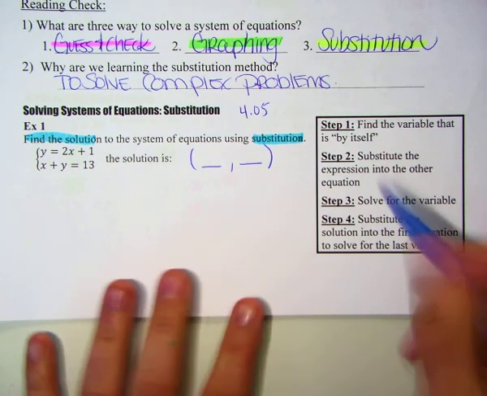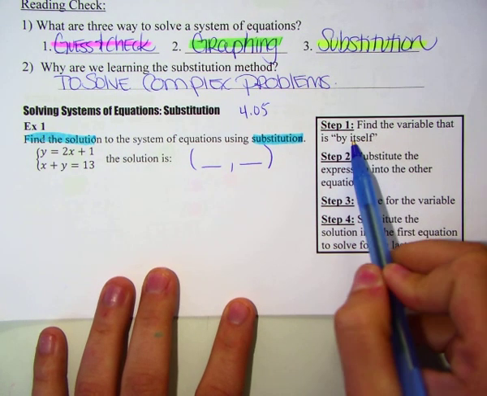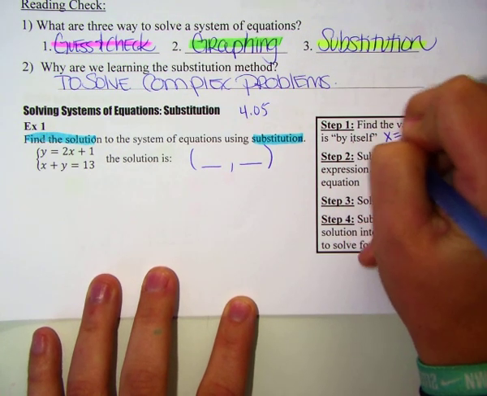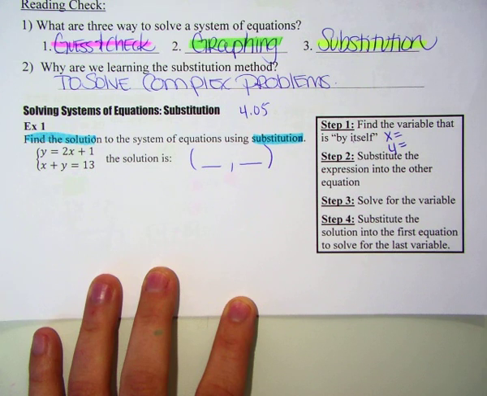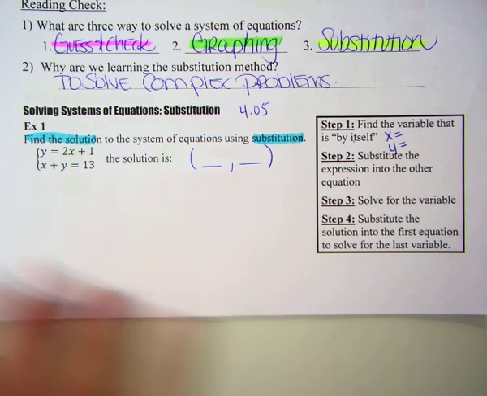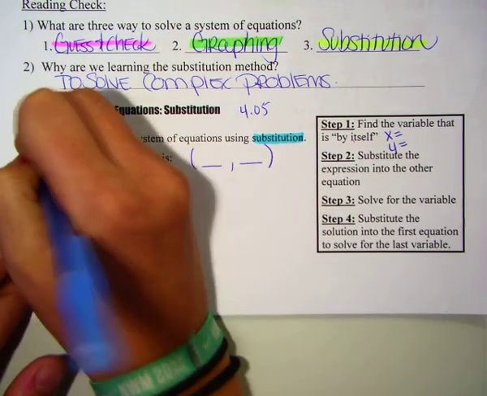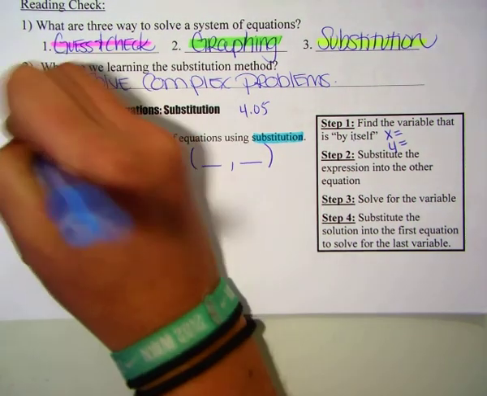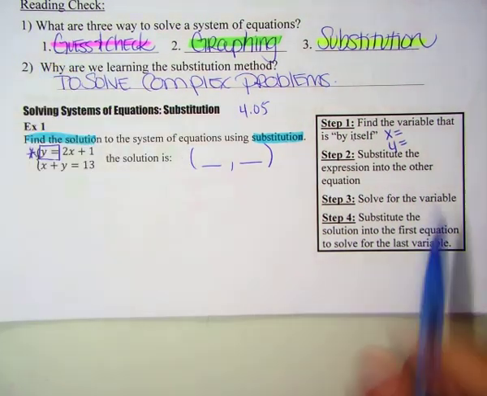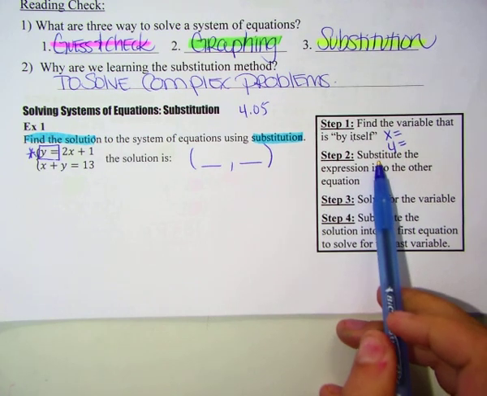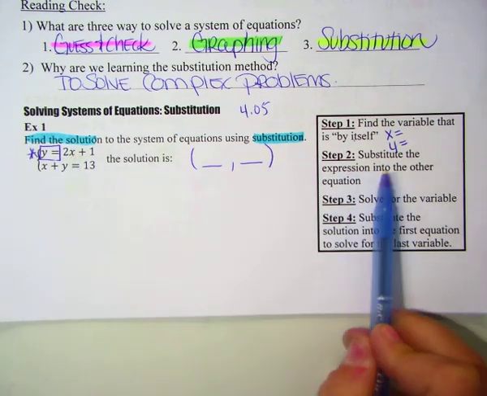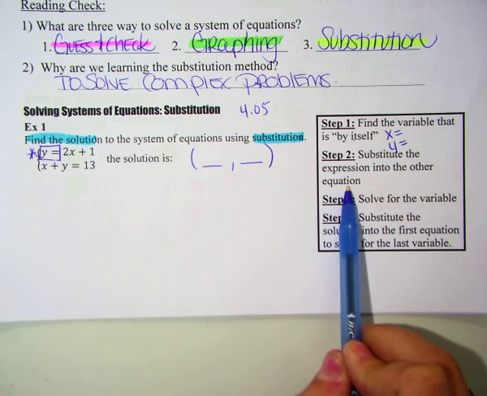Now step 1 says find the variable that's by itself. What it means by itself is things like x equals or y equals, where it's just by itself on one side of an equal sign. If we look here, we see that y is by itself, so we've identified it. Step 2 says to substitute the expression, this expression here, into the other equation.